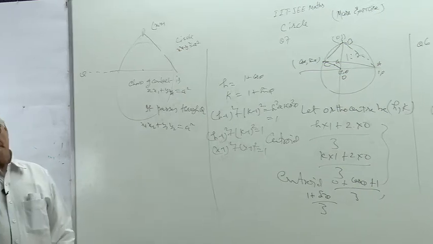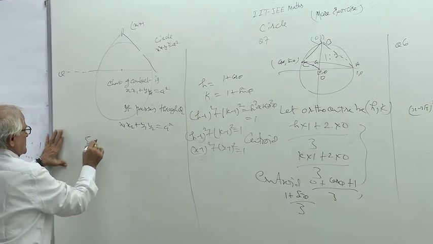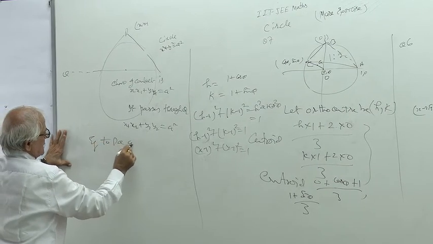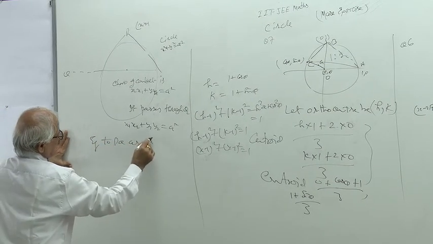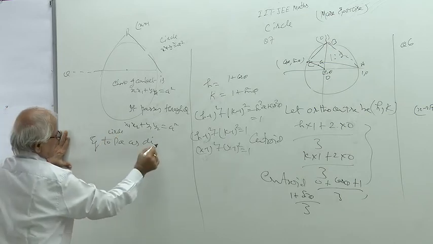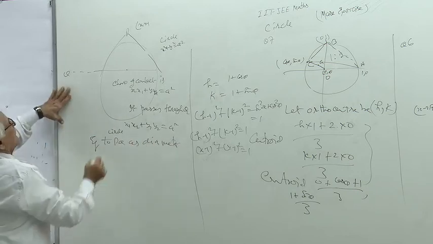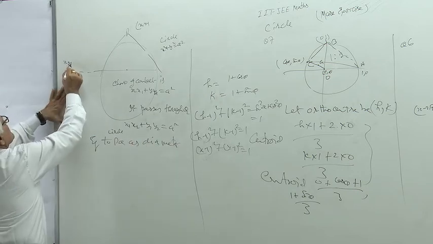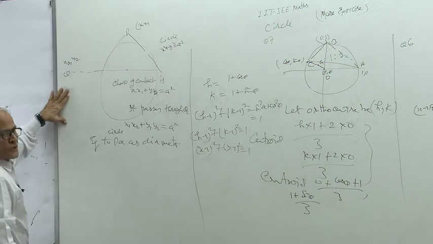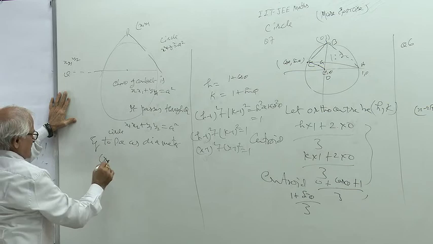Now we know the equation of the circle with PQ as diameter. We have the point Q as (x2, y2). Therefore, the equation of the circle will be this.